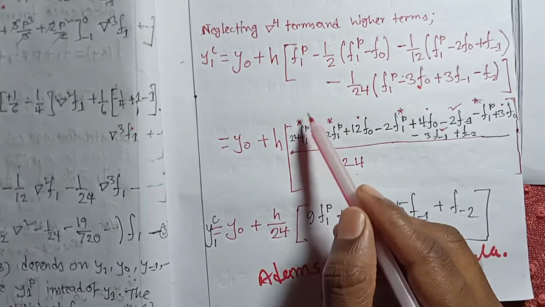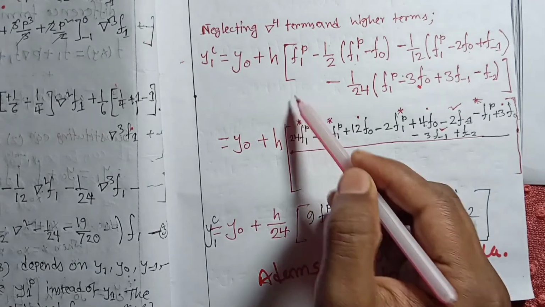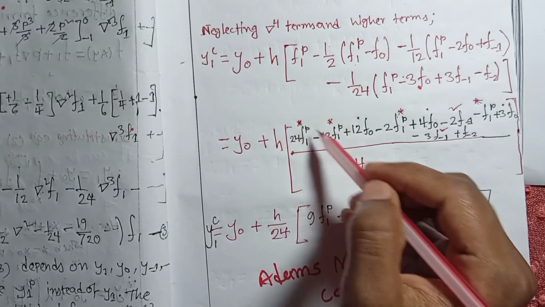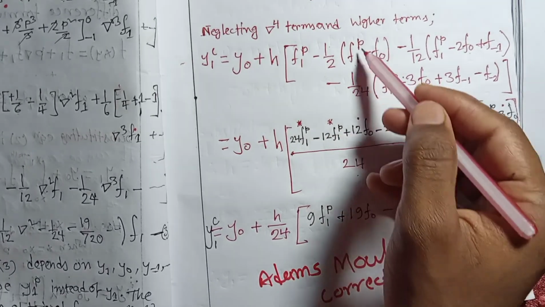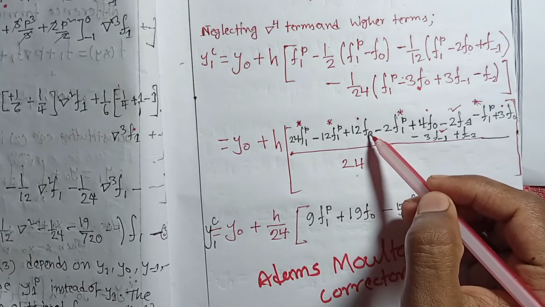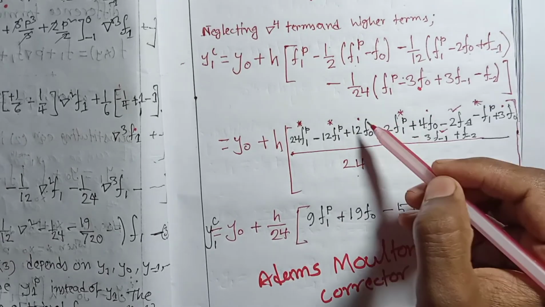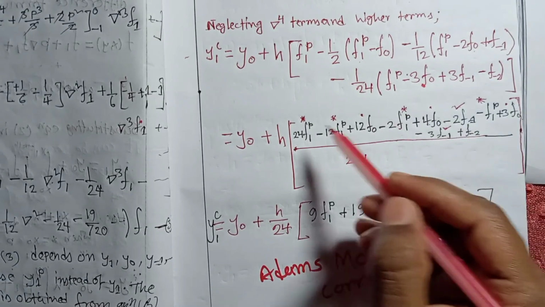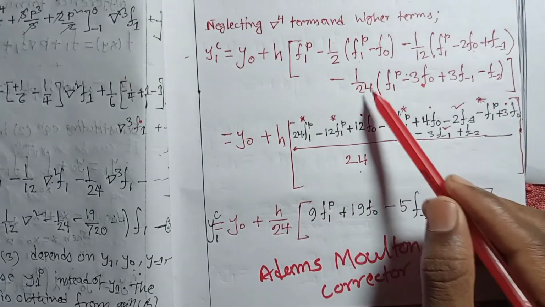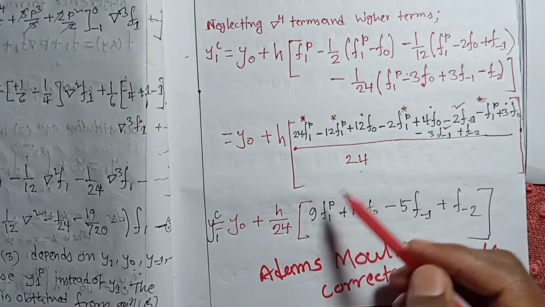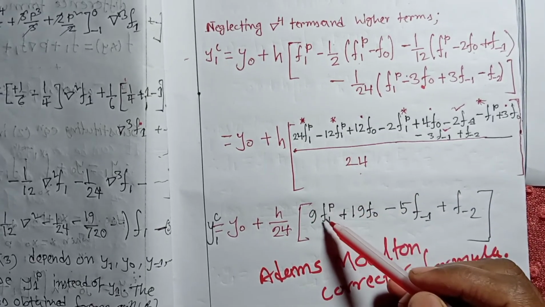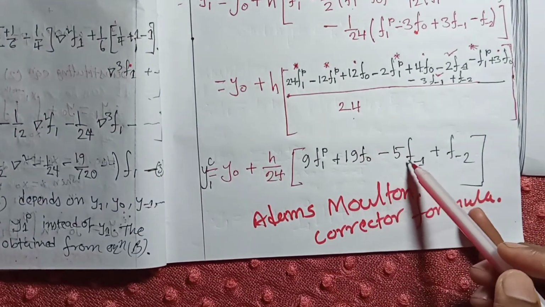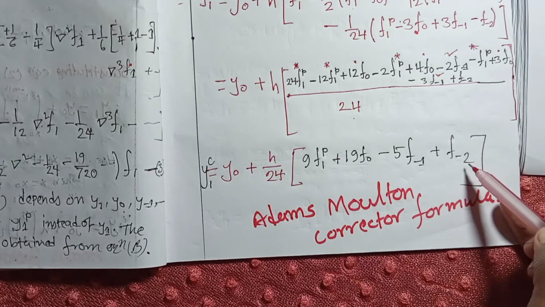For f1p that is 24, marked with a star, minus 12 f1p, and for f0 we mark it as a dot. Then we calculate and get 9 f1p plus 19 f0 minus 5 f sub minus 1 plus f sub minus 2.